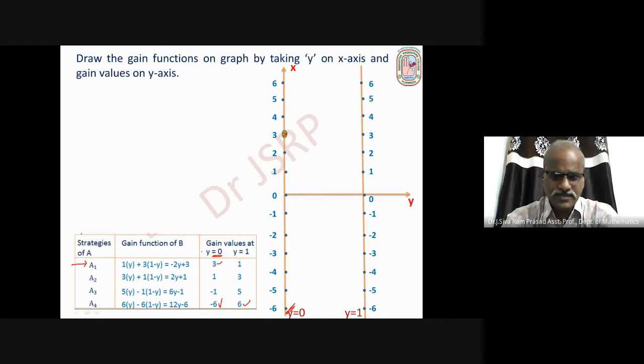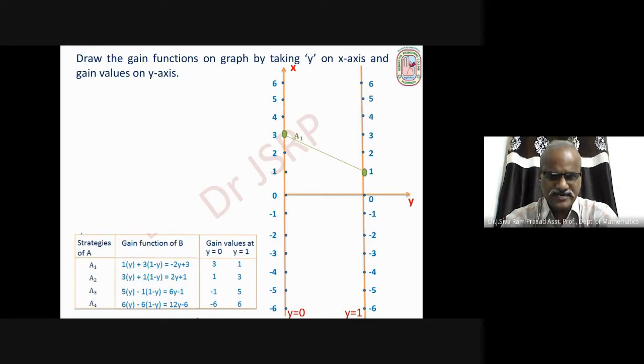Next, on the y equal to 1 line, the gain is 1; this point. So join these two points. This is the line corresponding to A1, the first strategy of player A.